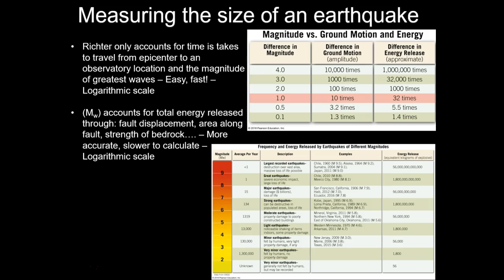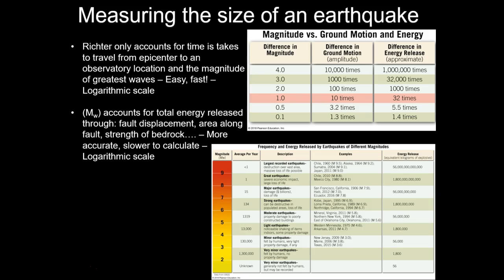This moment magnitude can be calculated by modeling data obtained from seismograms, but it typically is much better if analyzing it based on all of the properties I just said: the amount of slip of the fault, the area of the fault surface that slipped, and the strength of the faulted rock.